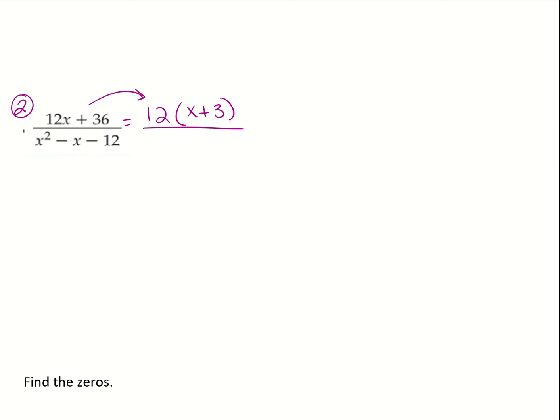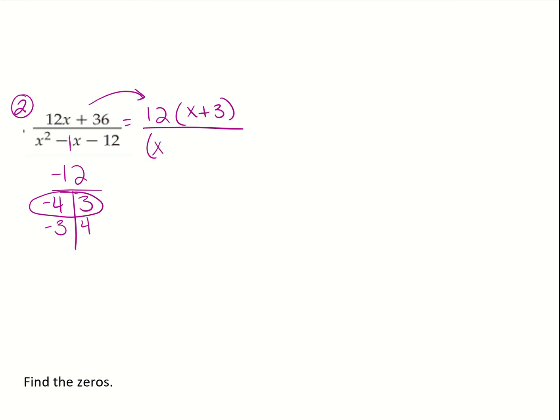Now we're going to factor the denominator. Again, I'm looking for factors of 12: 4 and 3, you could say 6 and 2. But again, I'm looking for a negative 1 right here. Because this is a negative 12, one of these has to be a negative, right? And if I'm trying to get a negative 1, negative 3 plus 4 is a positive 1 rather than a negative.